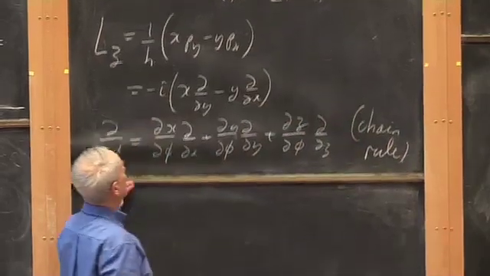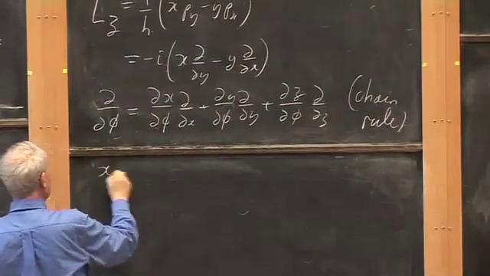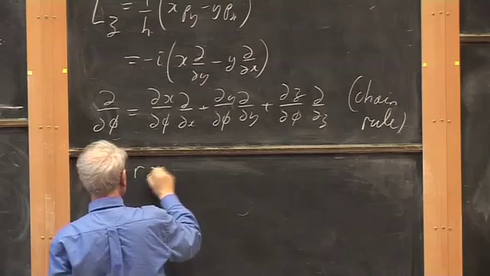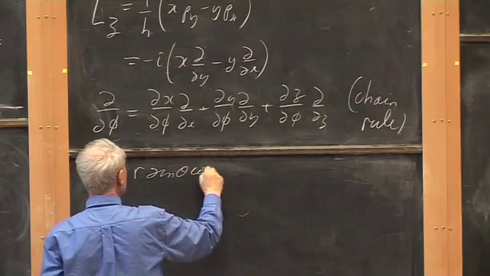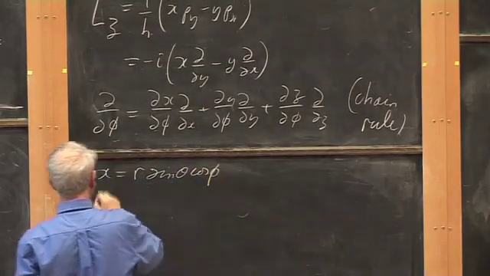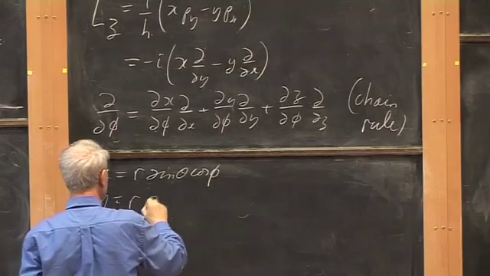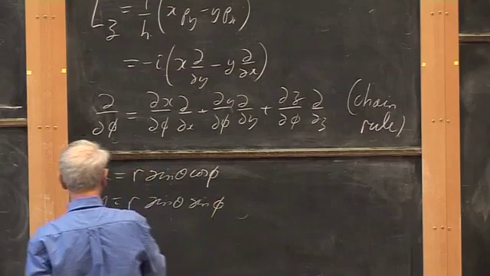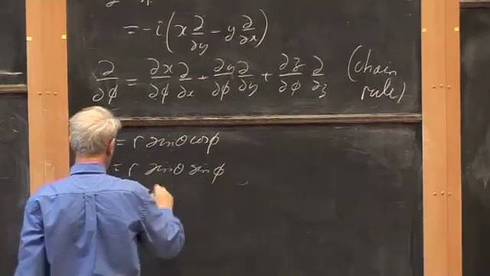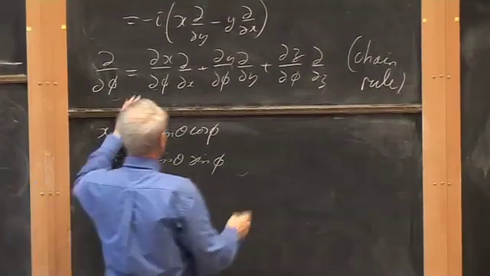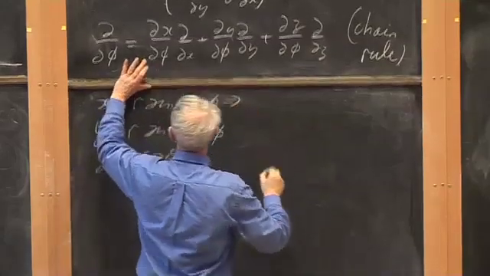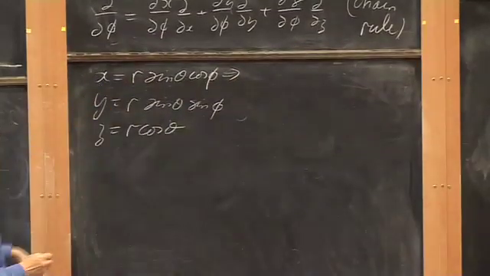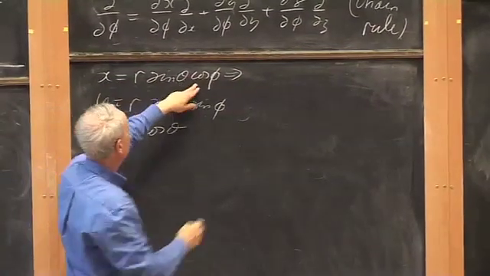Now we put in what these x, y, and z are. We know that x in polar coordinates is r sine theta cos phi. We know that y is r sine theta sine phi. And we know that z is r cos theta. So take a derivative of this with respect to phi.